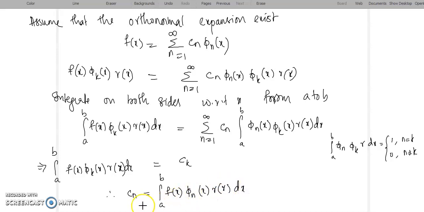So therefore this is how we obtain the coefficients cn in the expansion. Now we are not specifying any convergence condition. So if it converges, this is going to be the value of cn.